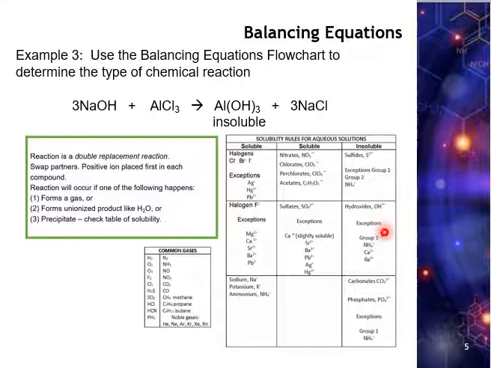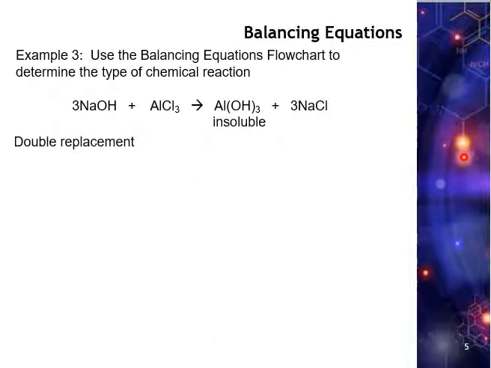The exceptions are group 1, that's that first column, ammonium, calcium, or barium. So this won't dissolve. The chlorides do dissolve, they're soluble. So the correct answer is this is a double replacement reaction, and you can tell it's a double replacement because a compound plus a compound yields a compound plus a compound.